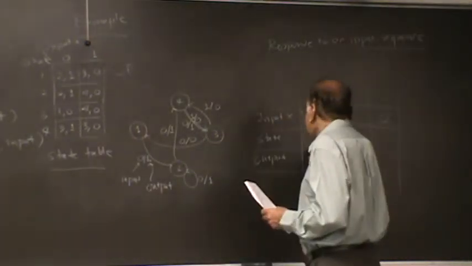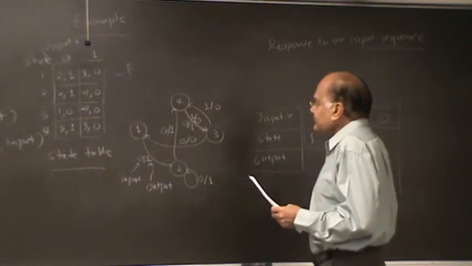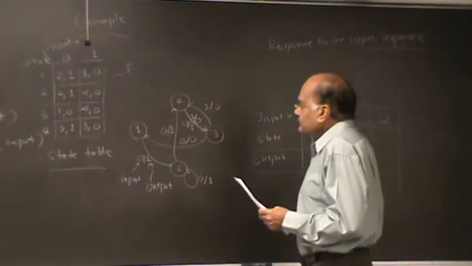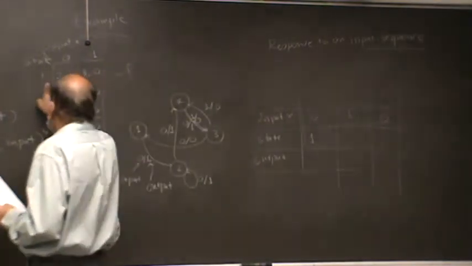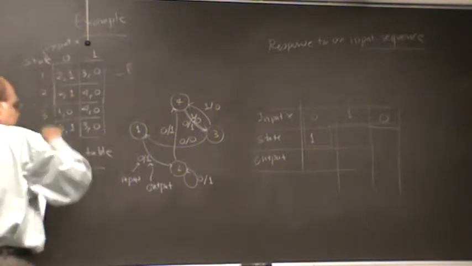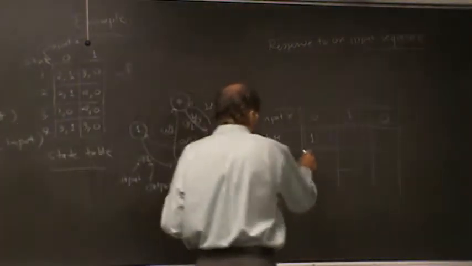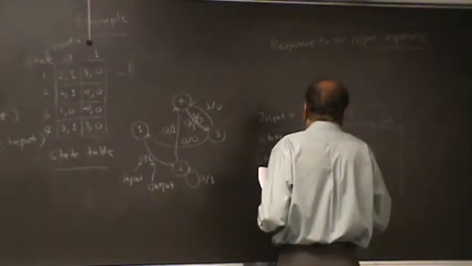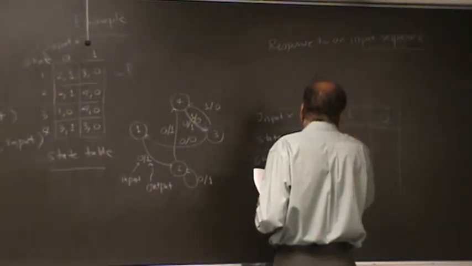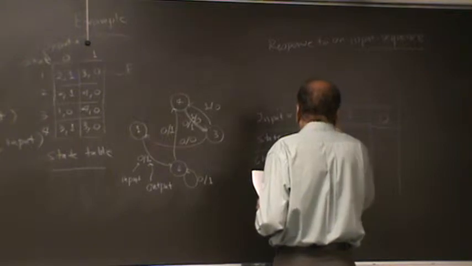So if the state is 1 and input is 0, what is the output? State is 1 and the input is 0, the output is 1, and the next state is 2. So notice that this is how we get the calculation.